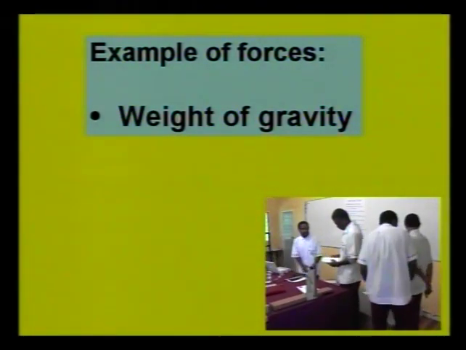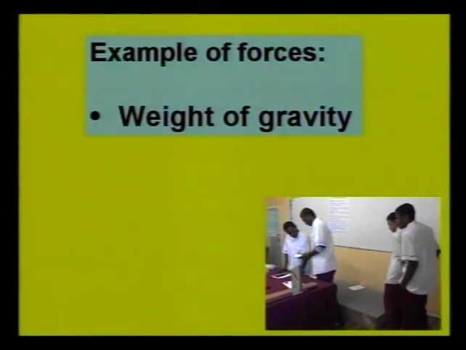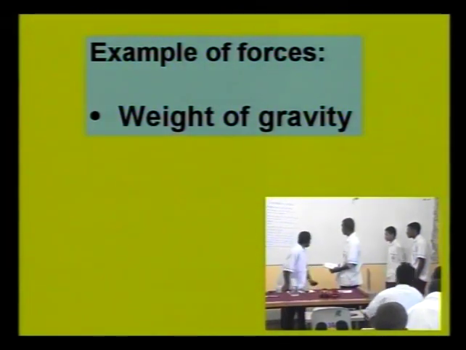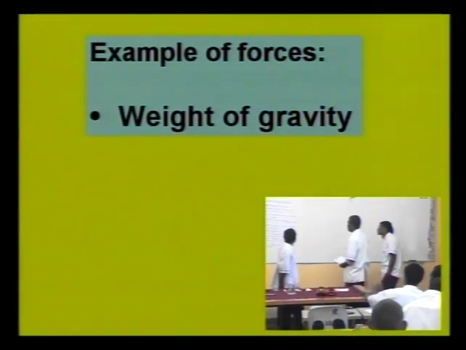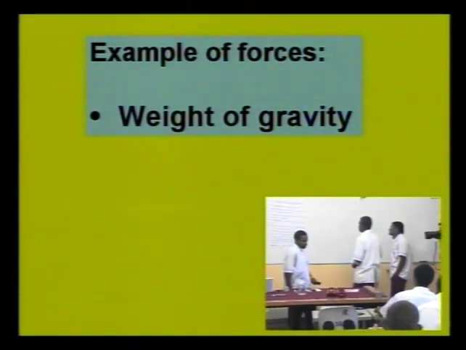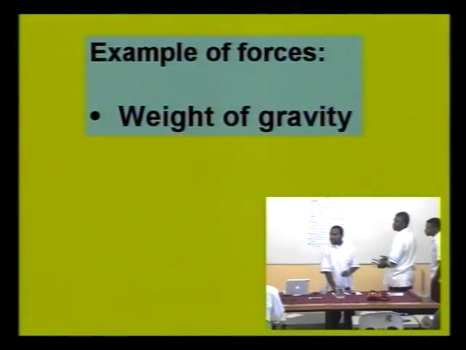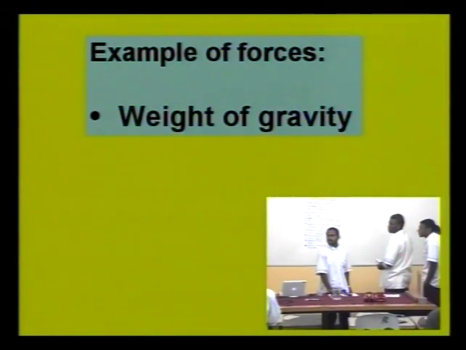Let it roll, and then you adjust it until it cannot move anymore. You push it, let it move, and adjust the height of that inclined plane, and then you compare the frictional force that is provided by the surface.